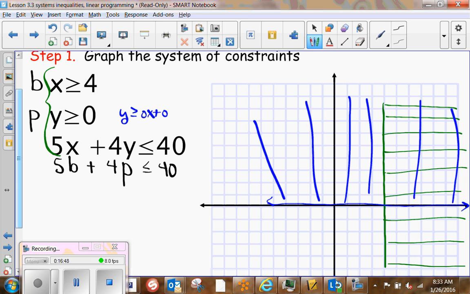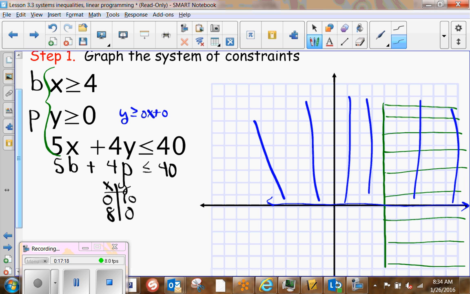And then this one, let's do it in standard form, and these two numbers are factors of 40. Let's do a little XY chart, sticking 0 for x and 0 for y. So let's stick a 0 in for x. What will y be? And if I stick a 0 in for y, what is x?